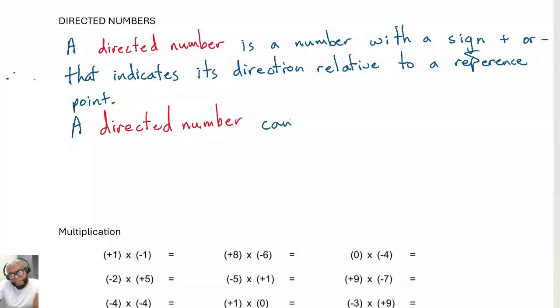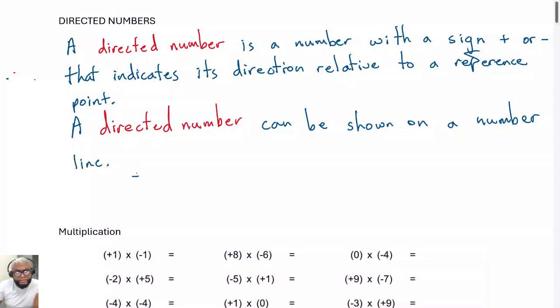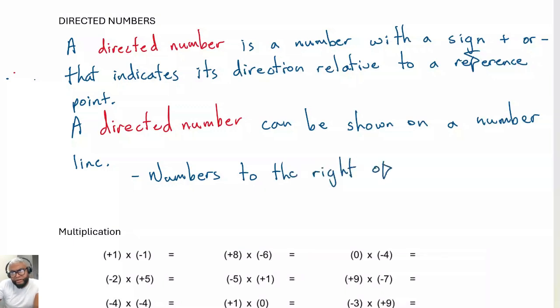So numbers to the right of 0 are positive, right?